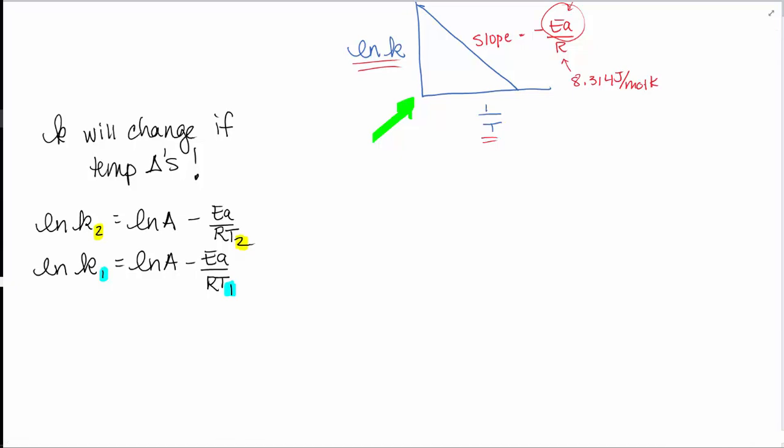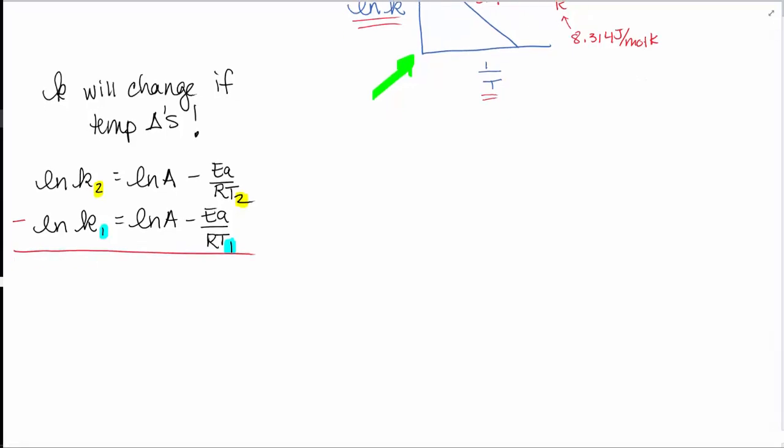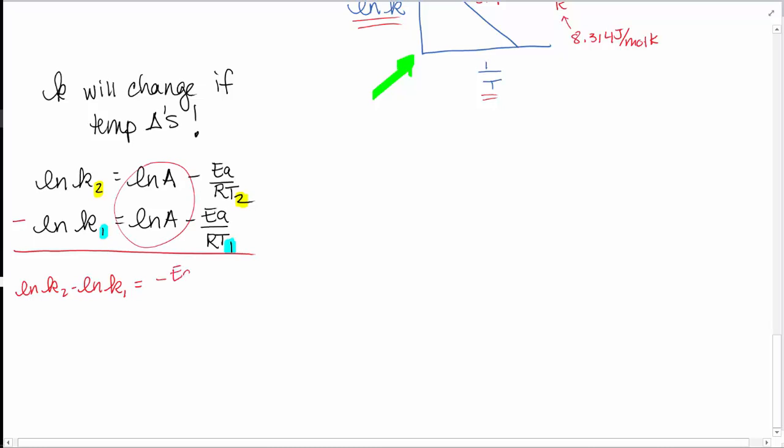If I actually subtract one from the other, I will get natural log K2 minus natural log K1 equals, these are going to subtract out from each other. And so I'm going to rearrange this, negative E sub A over R times 1 over T2 minus 1 over T1.